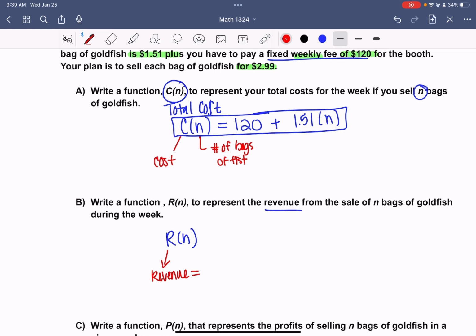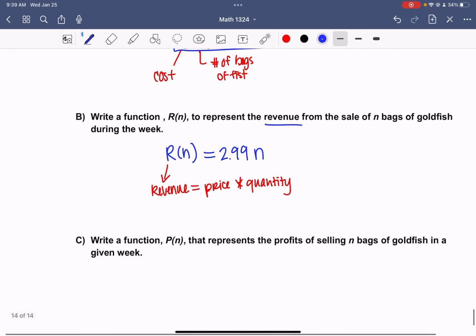And remember, with our equations, our revenue is going to be our price times quantity. That is a known formula that you're going to have to memorize, and it will not be given. So your revenue function is going to be your price, which we're selling them at $2.99, times N, however many we sell. Remember, revenue is how much money you're bringing in.